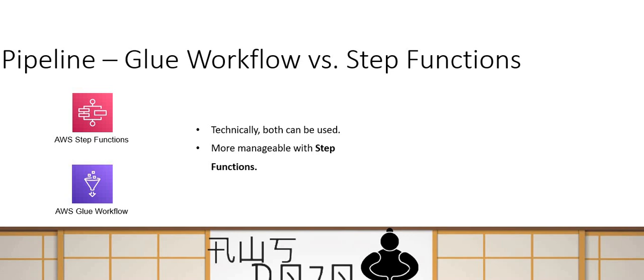When I try to create an individual pipeline, an individual Glue workflow for each ingestion, probably Glue workflow is good enough, unless you want to use other AWS services. But especially if you're going for a single pipeline where you need to configure your workflow in a slightly more complex way, probably integrating a few more services, probably trying for retry, failure, and those kinds of things, configuring such things is much easier in Step Functions.